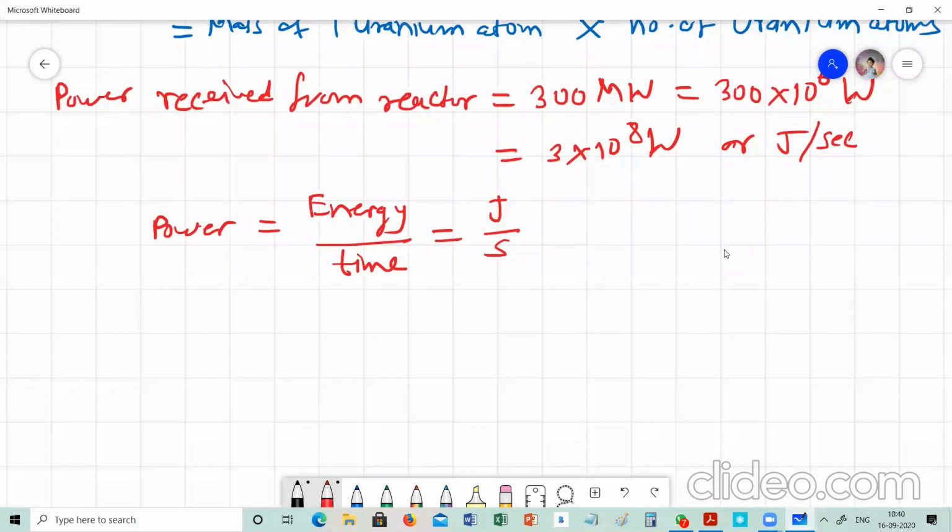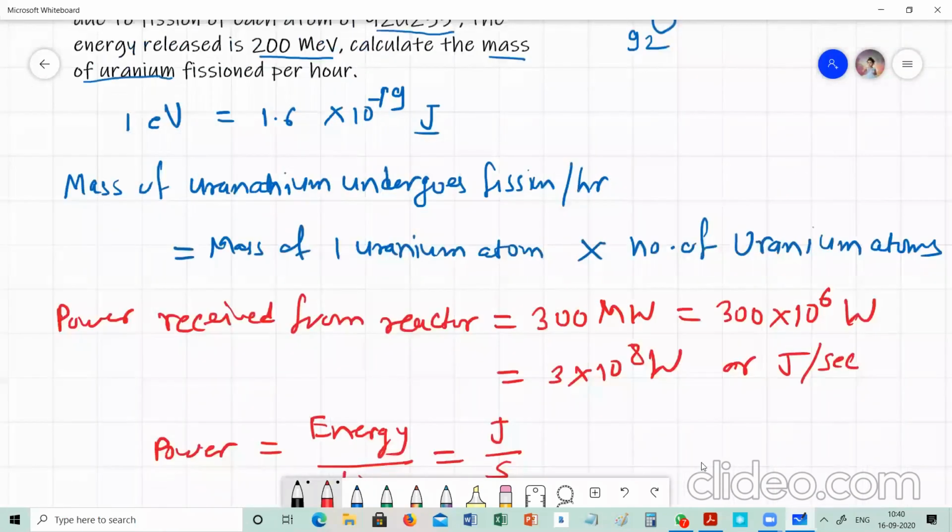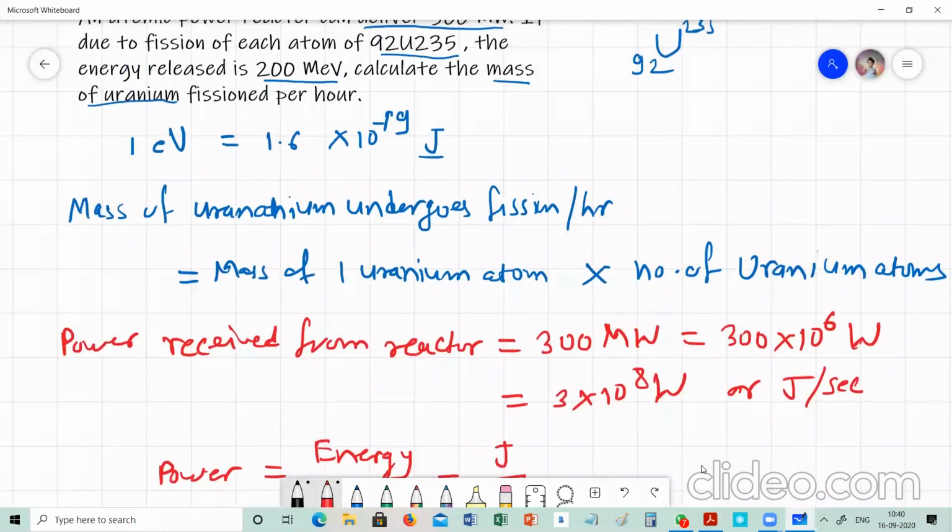Why is this required? Because the energy developed by fission of one uranium is given in mega electron volt, which can be converted into joule. They have given information about energy of one uranium atom.